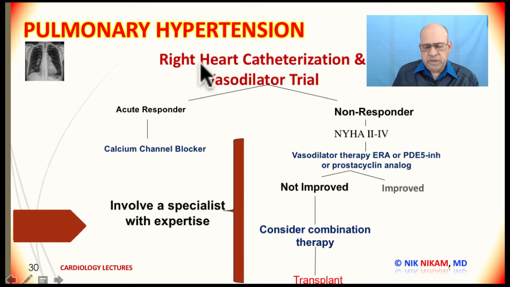After we perform the right heart catheterization and do a vasodilator challenge, if they respond, then these patients will be started on calcium channel blockers. If these patients do not respond, depending upon their symptom classification, we can use vasodilator therapy such as endothelin receptor antagonists, phosphodiesterase 5 inhibitors or prostacyclin analogs.